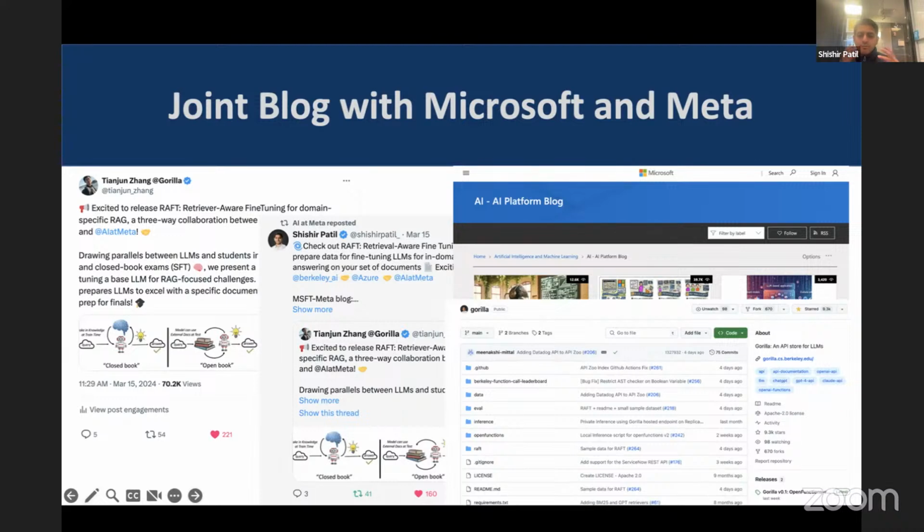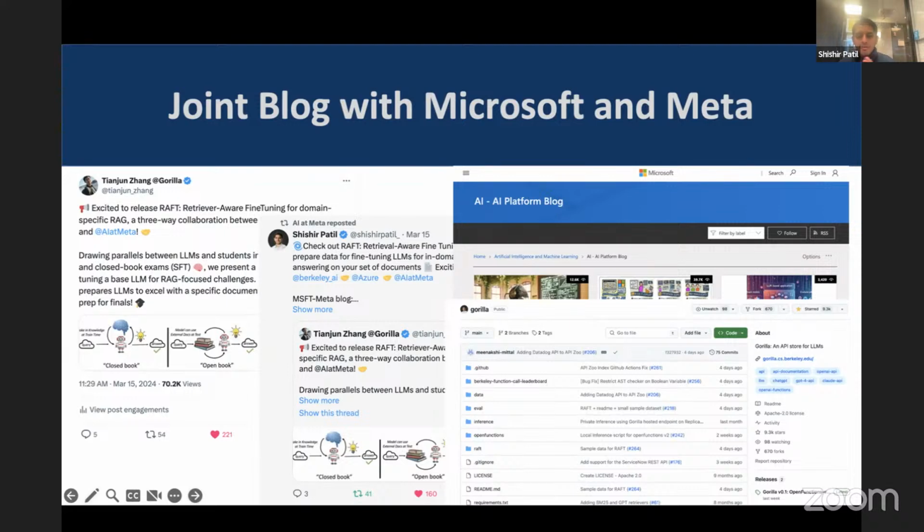So RAFT is a way to come up with a self-instruct data set, and then we have an Azure service which you can use to deploy, fine-tune the model, and then deploy. And of course, you don't necessarily have to stick to Azure. You can also do this locally on your local machines, or pick your favorite LLM fine-tune and inference hosting service, and you can use RAFT in all of these places.